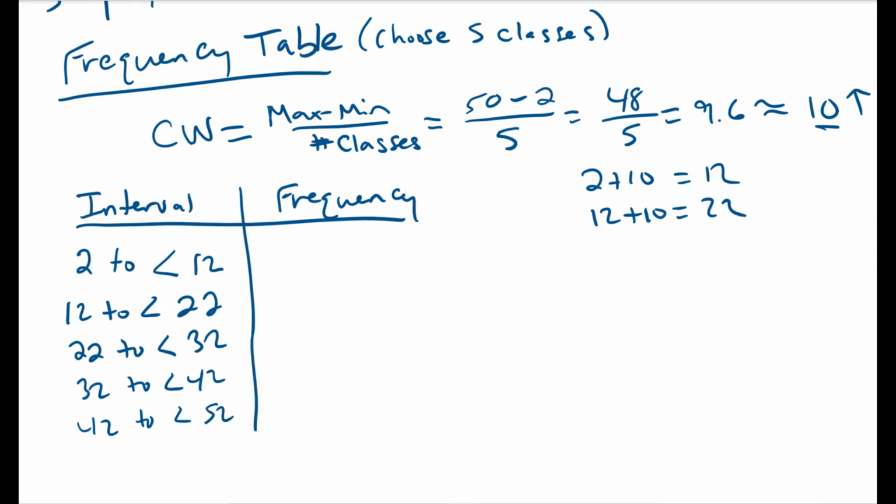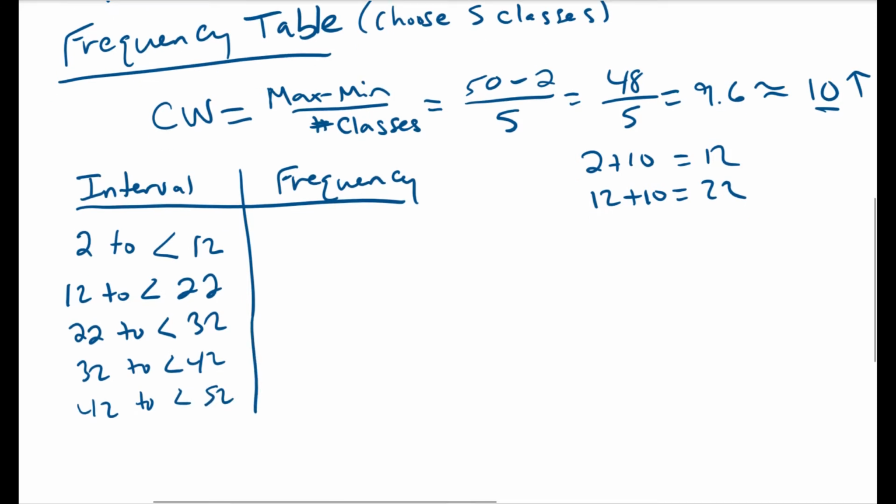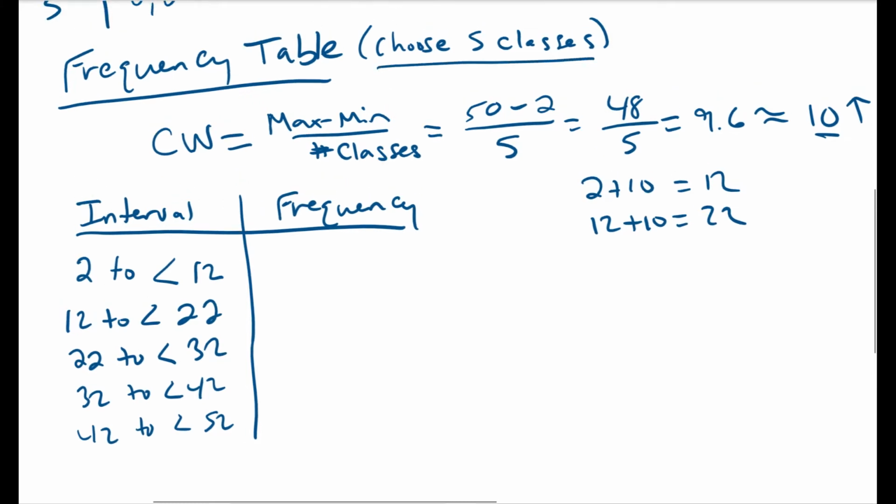And you stop when you get to 5 classes. So in here I have 5 classes, 1, 2, 3, 4, 5. Why 5 classes? Because that's what we chose. If you chose 6 classes, then you would continue to do 6 classes. Now, if you got a whole number from this calculation, let's say you got exactly 10, then you're going to go 1 extra class.